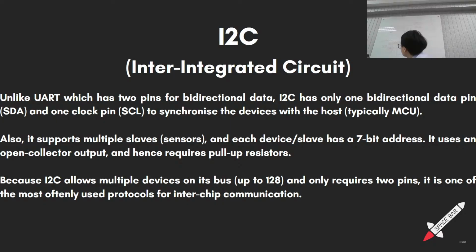There can be multiple address pins, so depending on whether you pull them up or down, you can configure multiple devices of the same type on the bus. Usually, the more address pins you have, the more devices of the same type you can use.